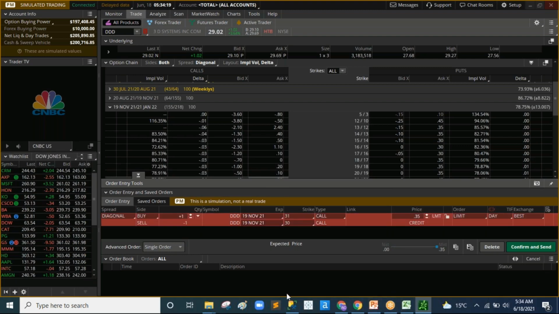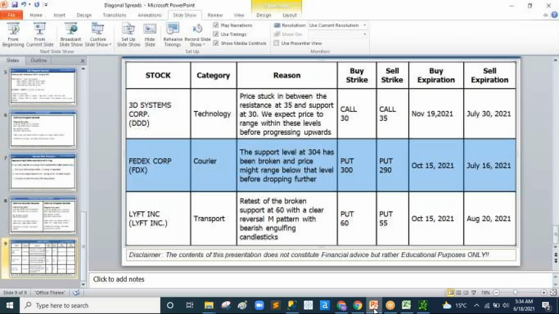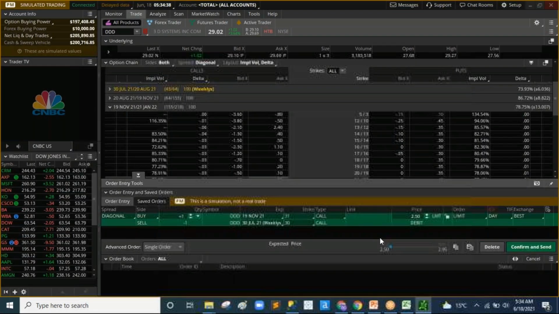Then the sell is on July 30th. Okay. So the strike price for the buy is 30, for the sell 35.